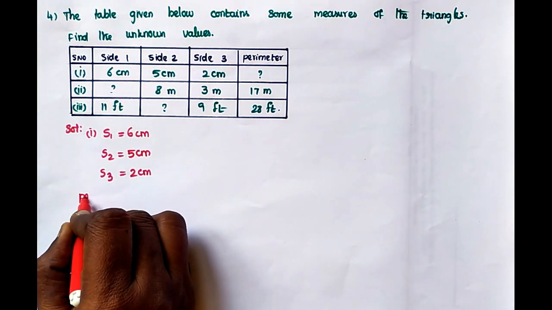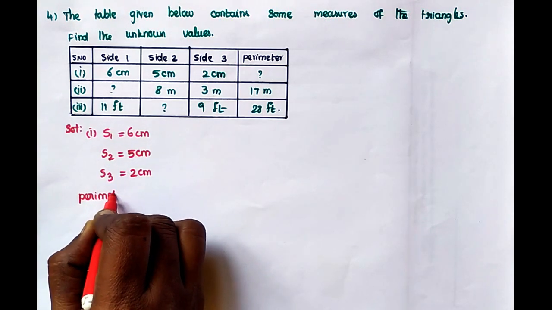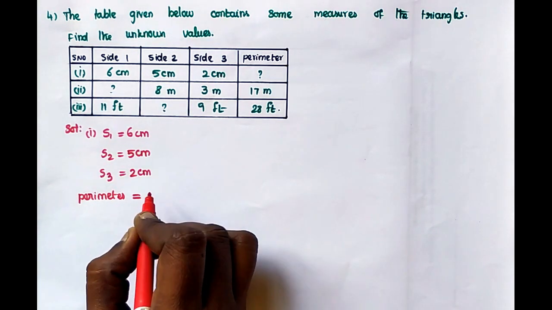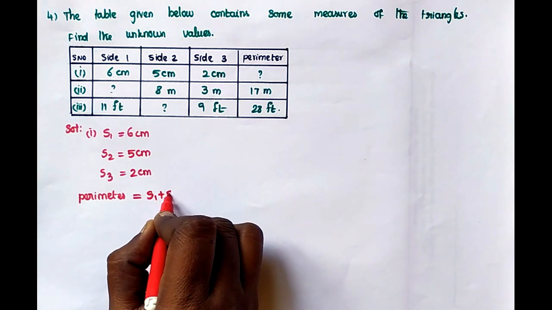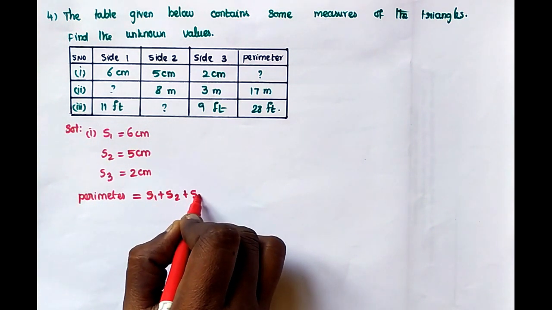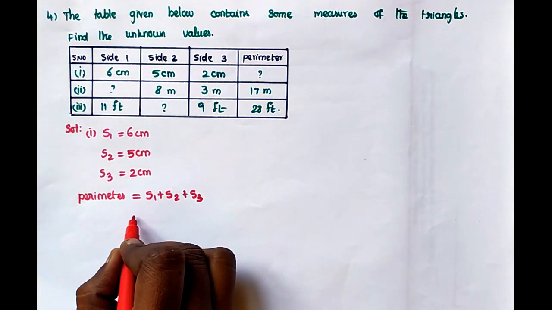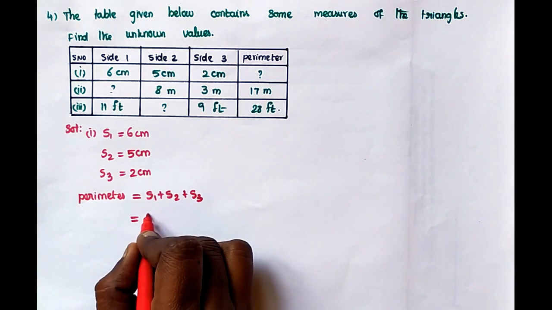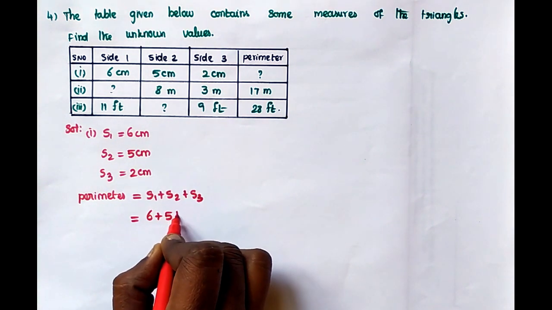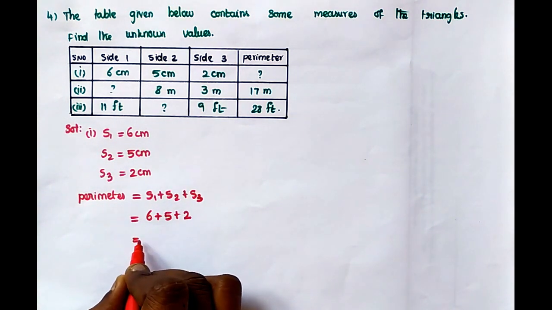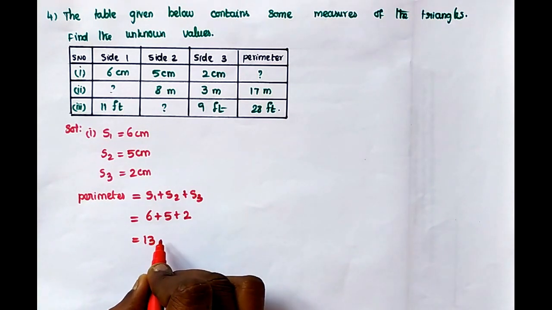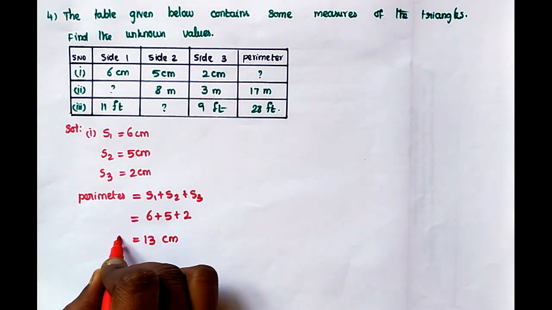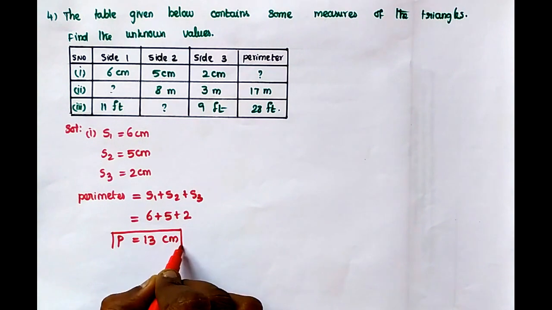We have to find out the perimeter of triangle. What is the perimeter of triangle? Side 1 plus side 2 plus side 3. That is 6 plus 5 plus 2. That is 13 centimeter. That is the perimeter of triangle.